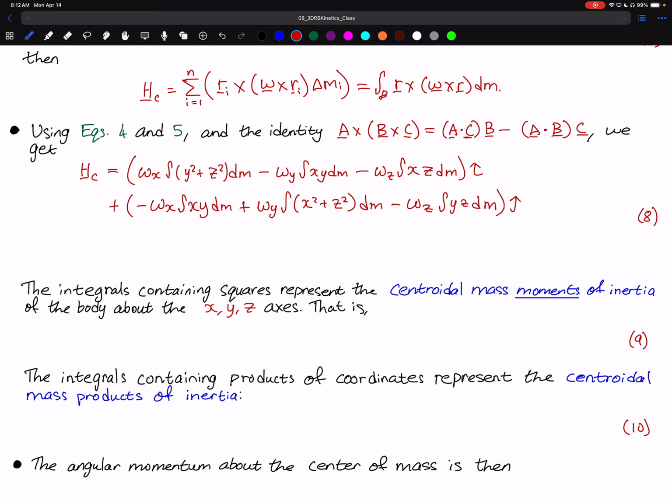And then lastly, in the k hat direction, we'll have minus omega x times the integral xz dm, minus omega y times the integral of yz dm, plus omega z times the integral of the quantity x squared plus y squared dm. All that in our k hat direction.